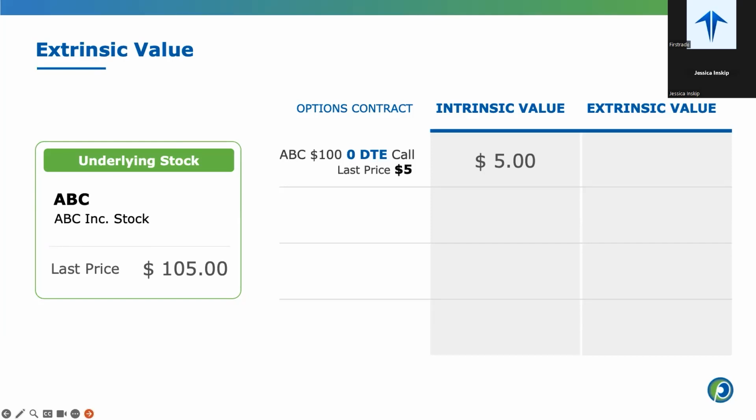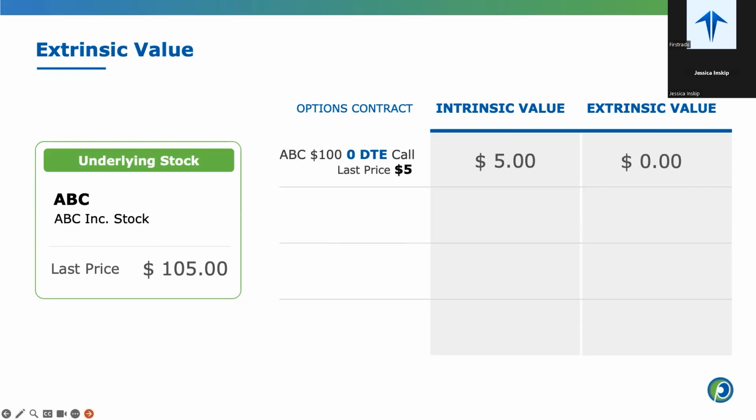And that makes sense because there are 0 days left until expiration. This option has reached its life. Therefore, it is not worth any more time value. That is completely decayed. The only thing that option is worth on expiration is its executable value.